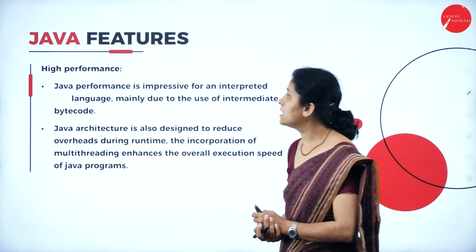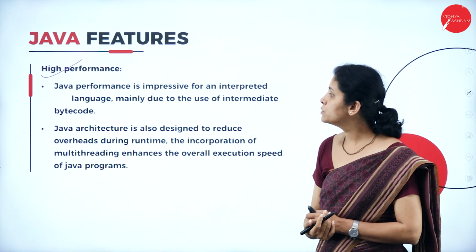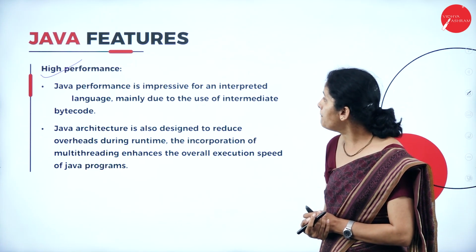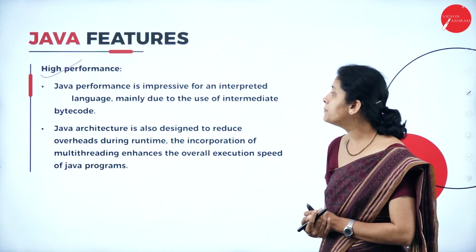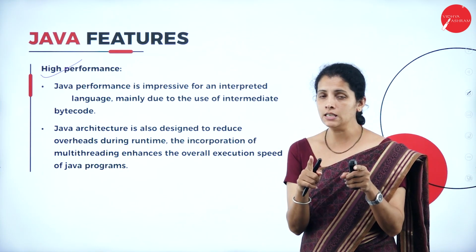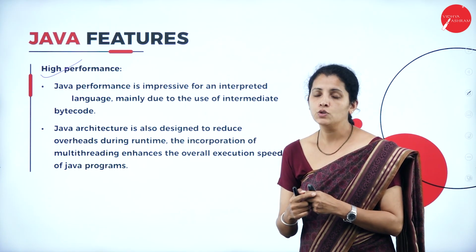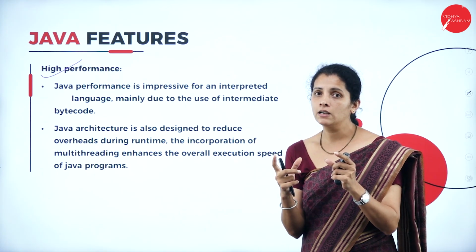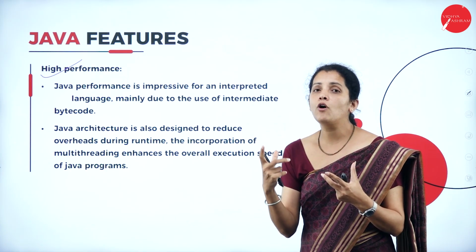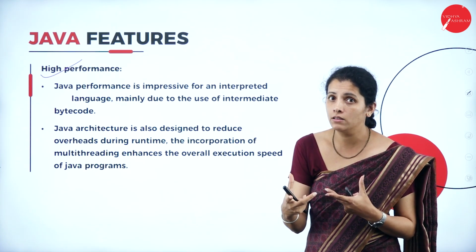Along with that, I have high performance. So here Java performance is impressive for an interpreted language. So here Java uses a compiler as well as an interpreter. So what is a compiler here? Compiling is responsible for converting the whole program together.